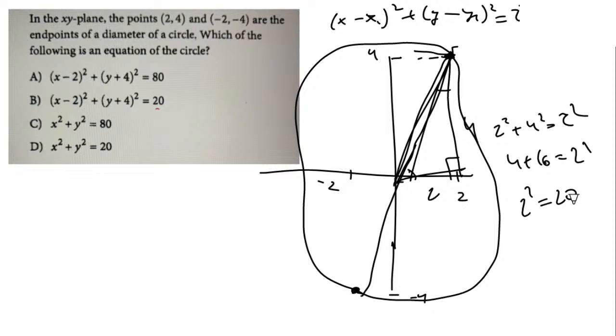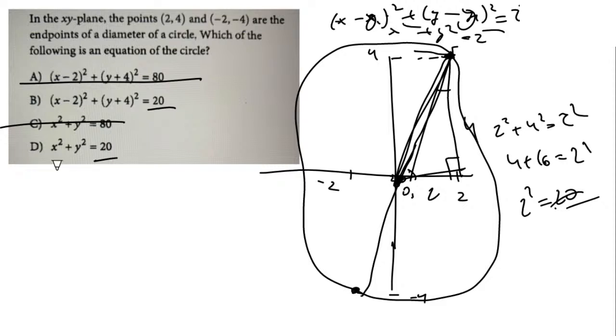So r square is 20, so we need this and this, so the other answers are wrong. Now we focus on this point, since it's the center. It's 0, 0, so x minus 0 is x squared plus y squared equals r squared. The answer is D here.